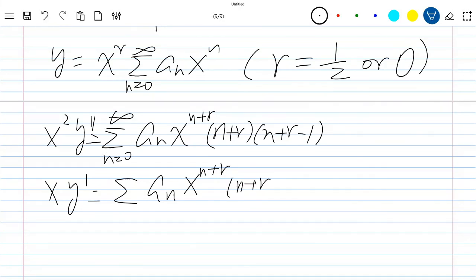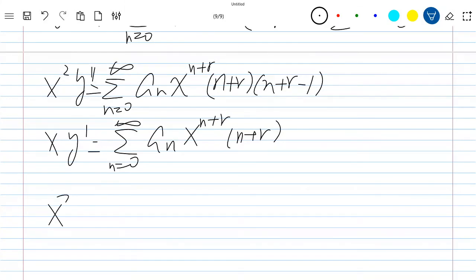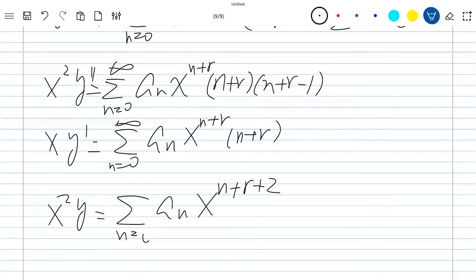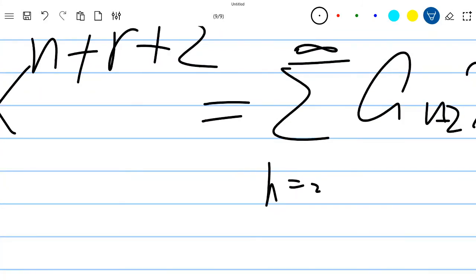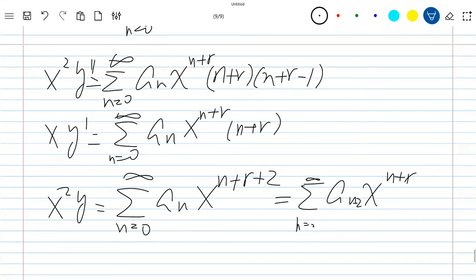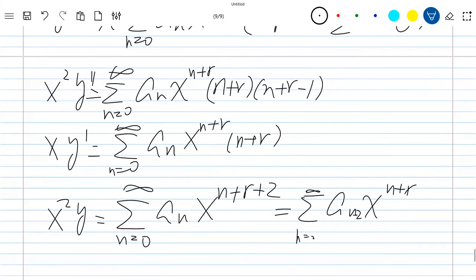And the last term is x squared y, and you have this n plus r, but you have plus 2, and do the shift, a n x to the n plus r, and this is n minus 2, from 2 to infinity. Then add them up, and times this by 2, then add them up, right?